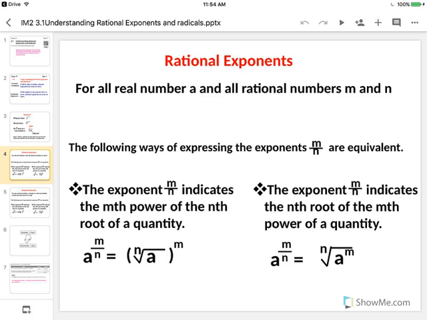Here we have a to the power of m over n can be written as the index n radical of a to the power of m, or we can write it in this form.